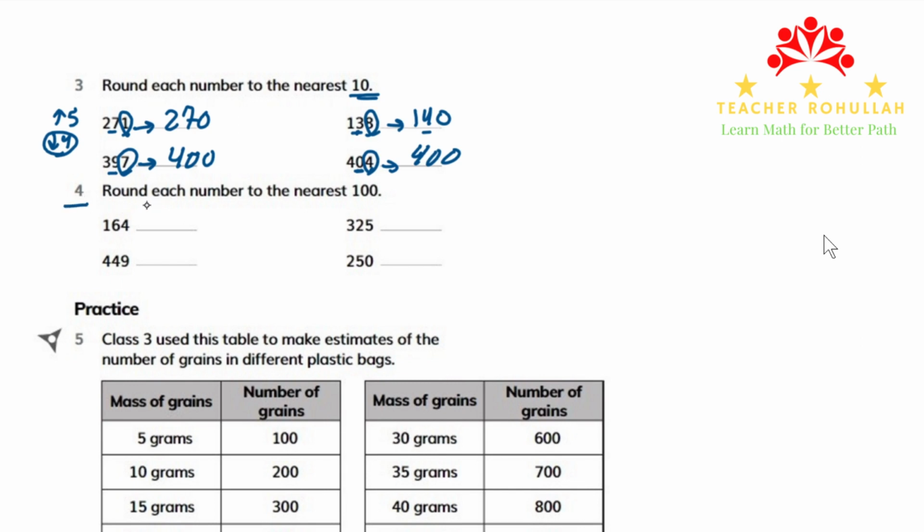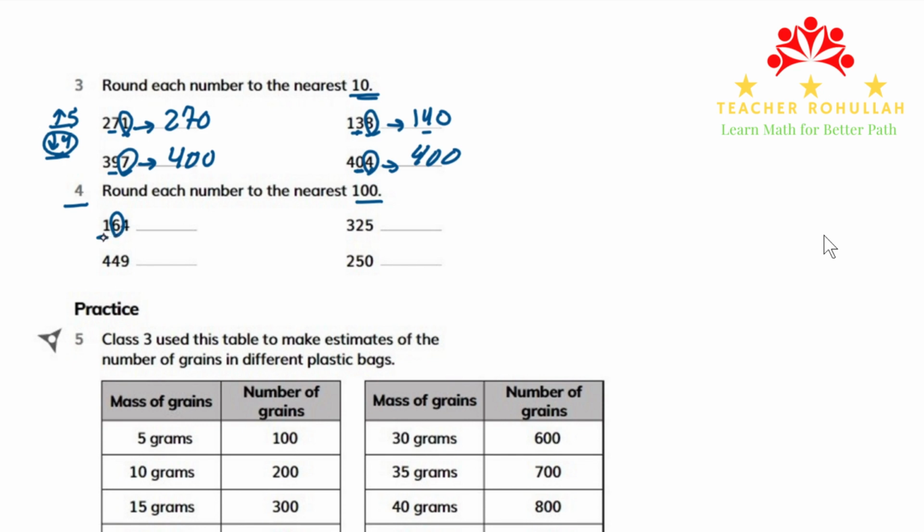In question number 4, it says, round each number to the nearest 100. Now that we round to the nearest 100, we underline the digit in the hundreds place and circle the digit in the tens place and compare it with 5 or more or 4 or less. Now 6 is 5 or more, so we round up.